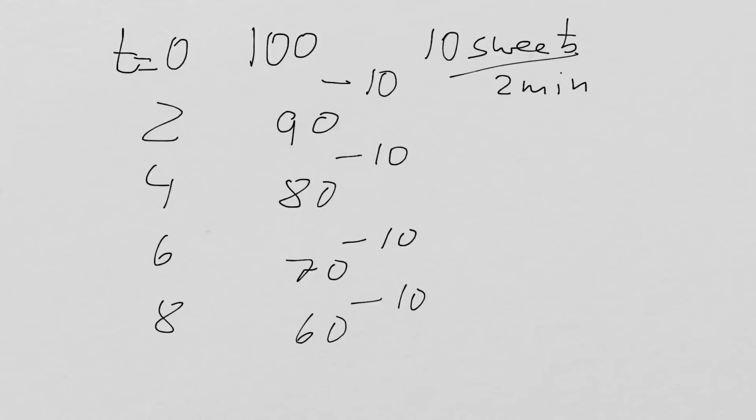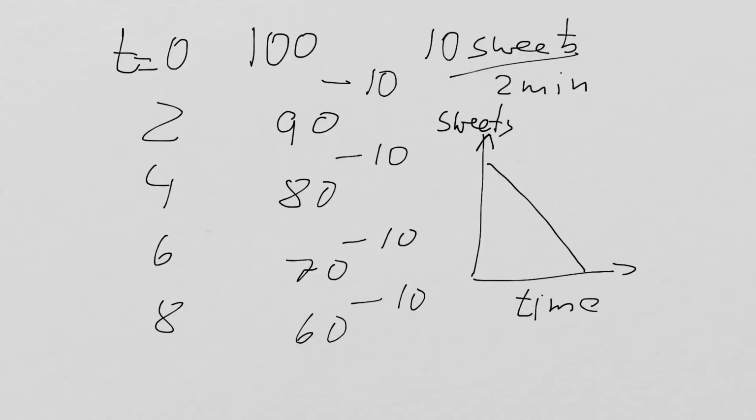If I plot number of sweets versus time, obviously the line would go down. You're right. So it would look like that. This is my starting concentration, and this is when I have no sweets left.